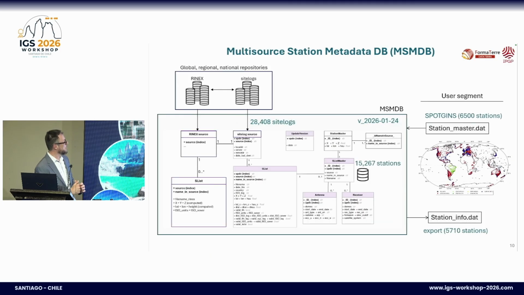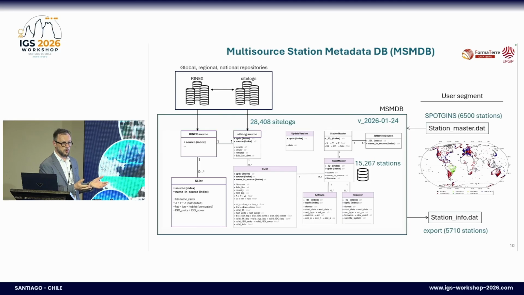So we started to solve some of these problems. We started to set up a database of station metadata in collaboration with Formater, the French National Data Center for Earth Sciences. The goal here is to collect site logs from global, regional, national repositories.